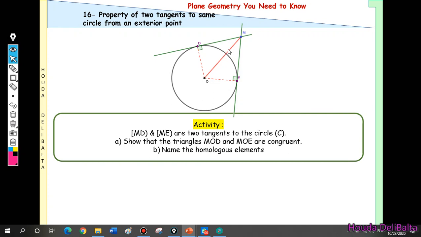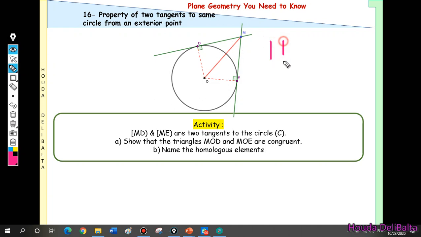Using the proof of congruent triangles, we have to prove that triangle MOD and triangle MOE are congruent, and then by naming the homologous elements we can deduce the property. Now let me remind you of something concerning right triangles. To prove right triangles congruent, we can maintain that they have equal hypotenuse. As you see here, MO, for example, is a common hypotenuse, so definitely it's equal in this triangle and in this triangle.